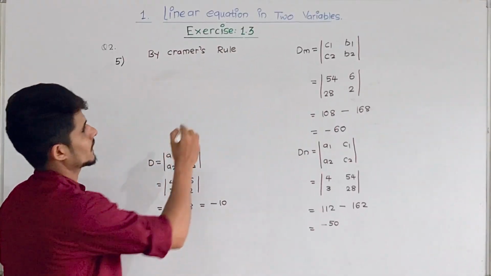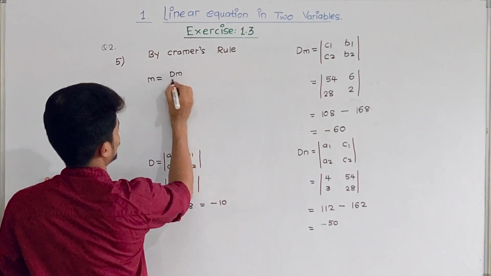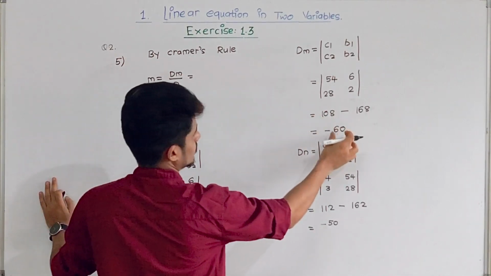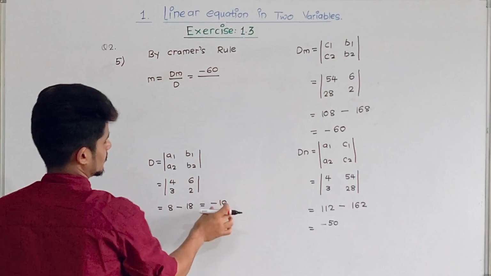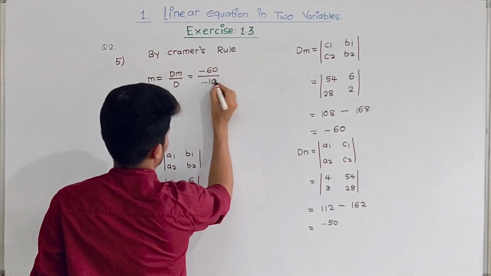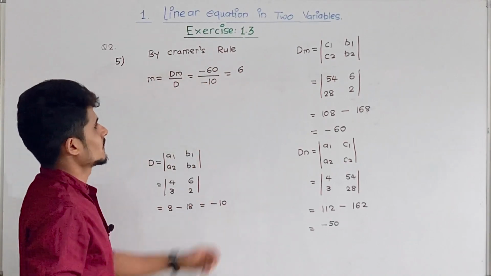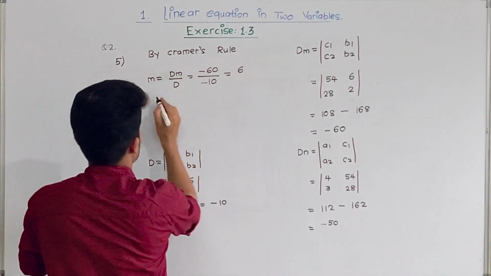So the value of m will be, m is equals to dm upon d. Value of determinant of m is minus 60 and value of determinant is minus 10, that is equals to 6. Minus minus cancel, 10 6s are 60. So the value of m is 6.